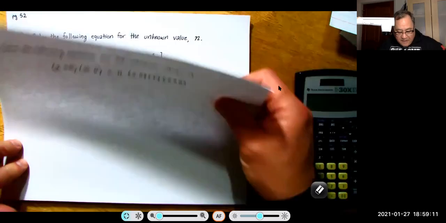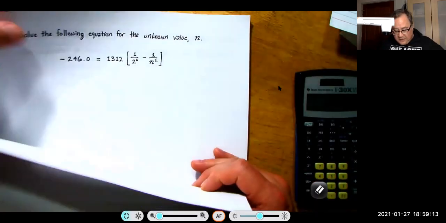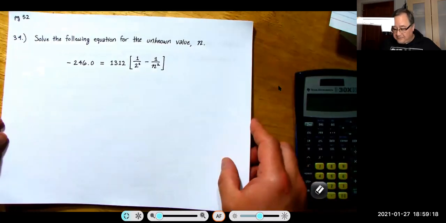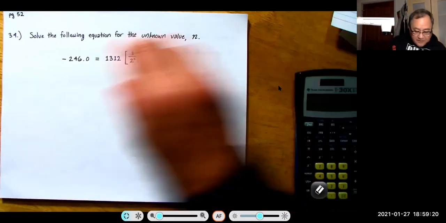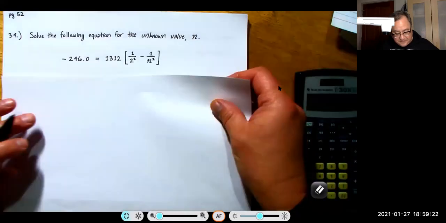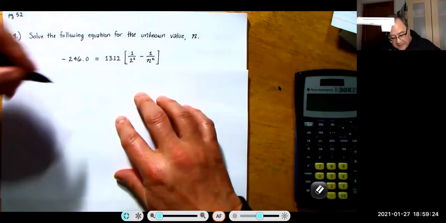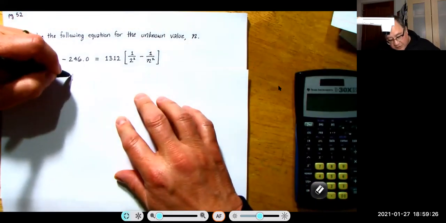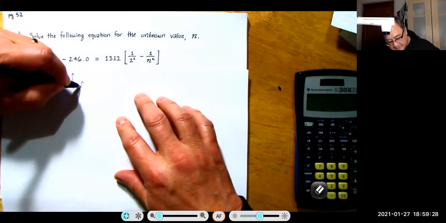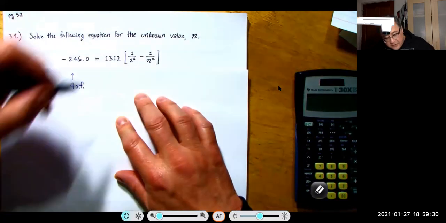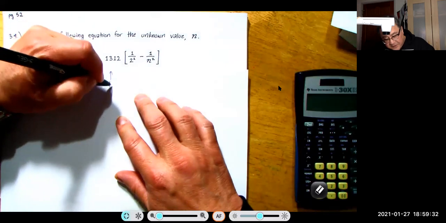This one, I'm going to have you do on your own, and you're going to ask me about it tomorrow. And here's the things I'm going to tell you about this one here. The minus 246 has 4 significant figures. The 1312 has 4 significant figures.